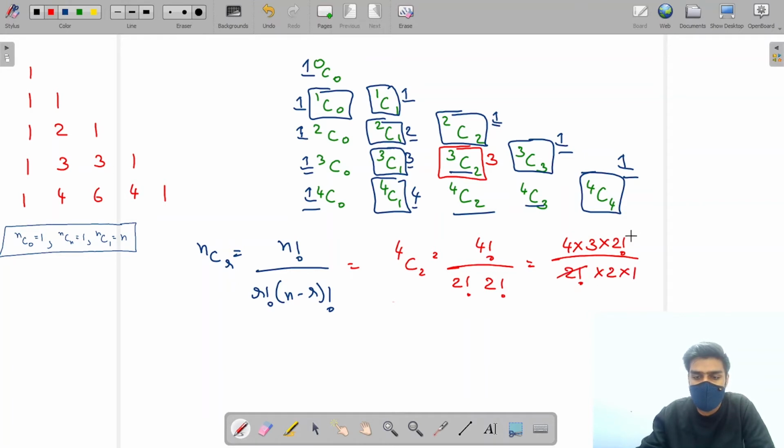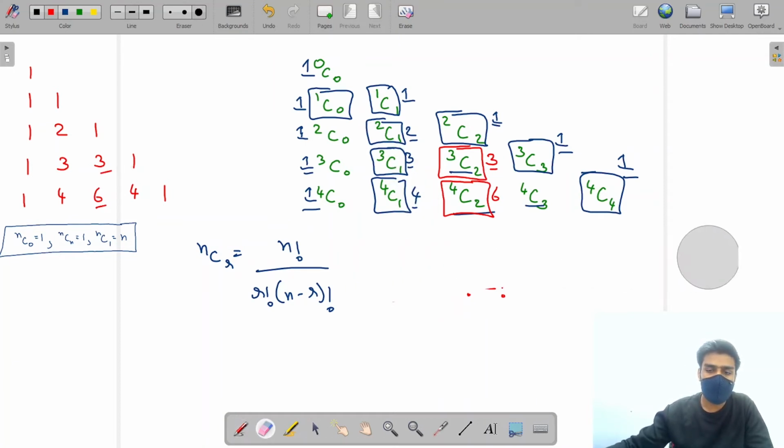Alright. So 2 factorial is cut down with 2 factorial. This 2 is cut down with 4 and 3 into 2 gives 6. So do we have 6 here? Yes, we have 6 here. Do we have 3 here? Yes, we have 3 here. Alright. So I hope you understood this by using this formula. So we'll save this formula here.